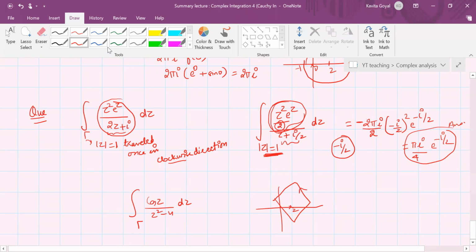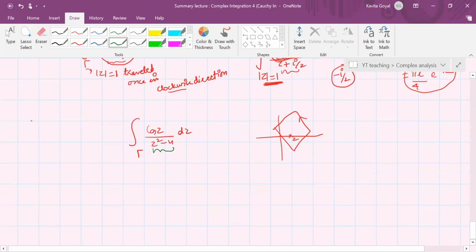Now in the denominator you have z square minus 4. So this function is not analytic at z equal to 2 and minus 2. We can see that z equal to 2 is inside the curve gamma. So you can write it as cos z upon z plus 2, upon z minus 2 dz.